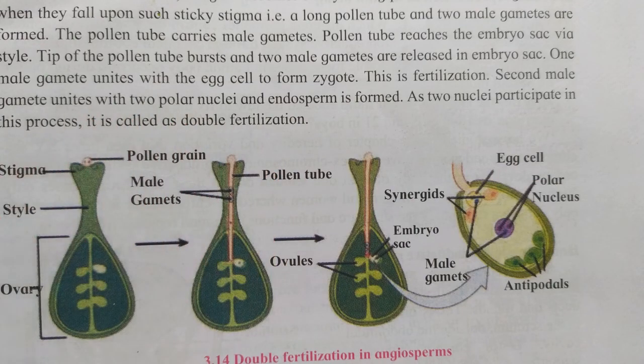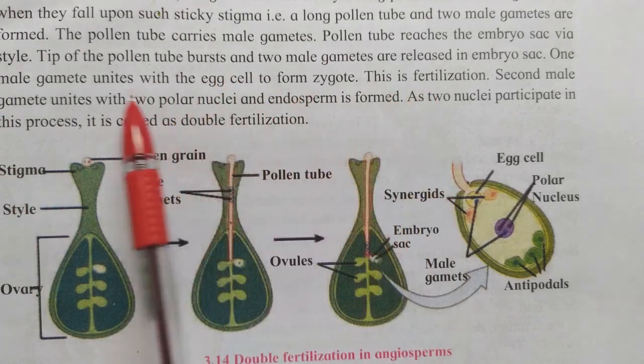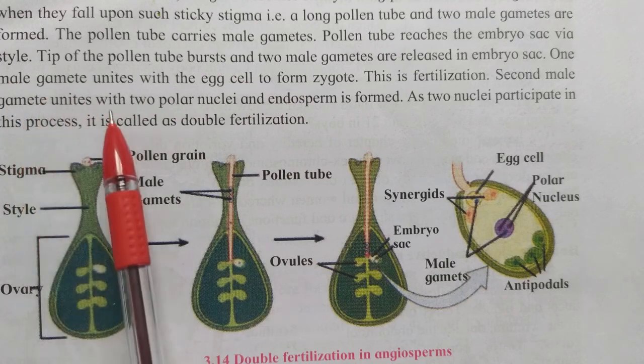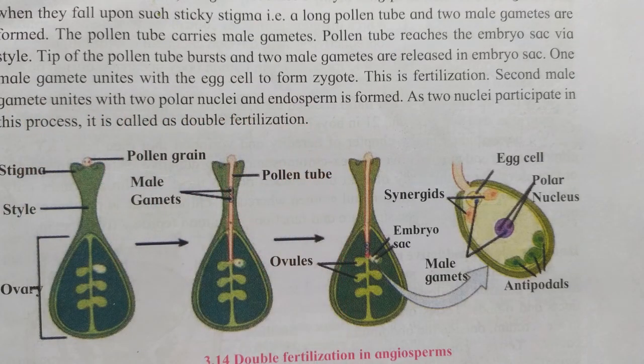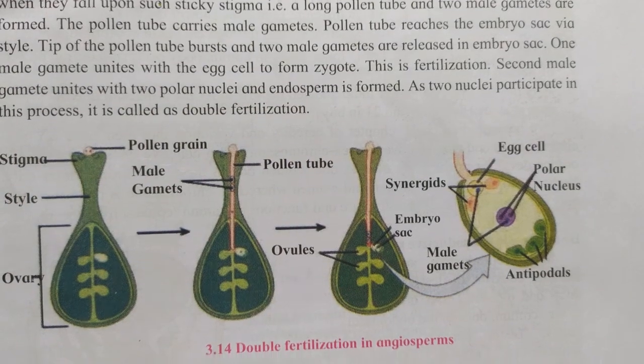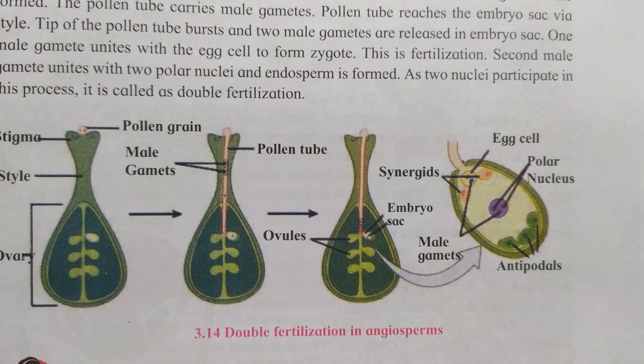One male gamete combines with the egg to form zygote, whereas another male gamete unites with two polar nuclei to form endosperm. So this particular diagram shows double fertilization.